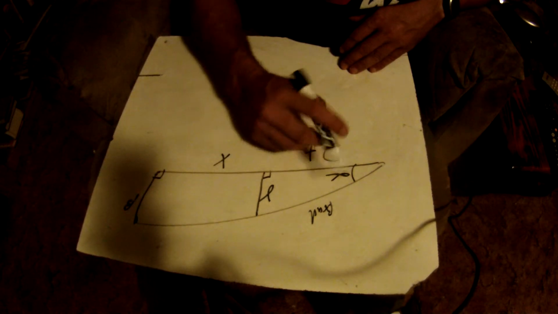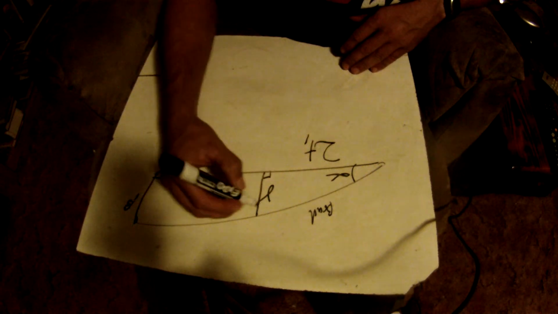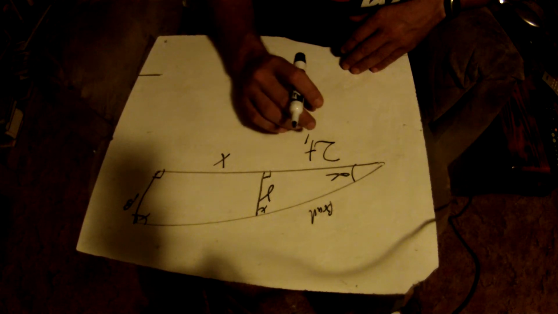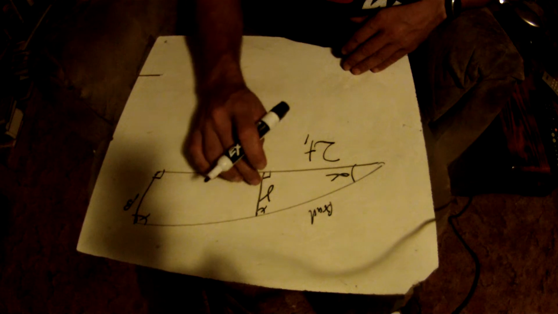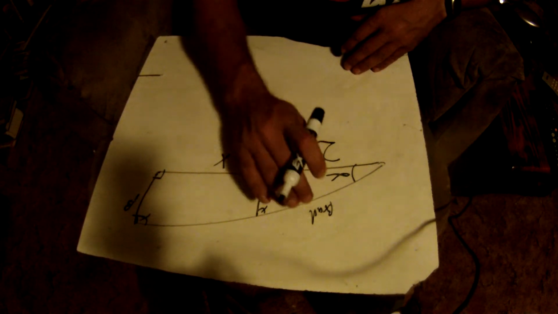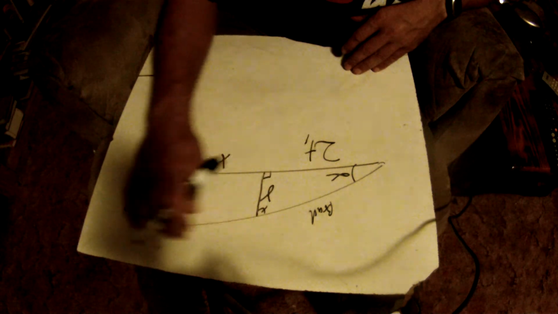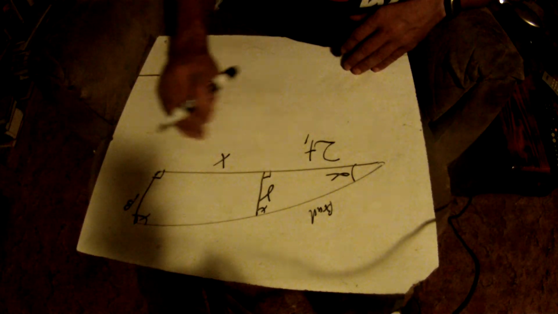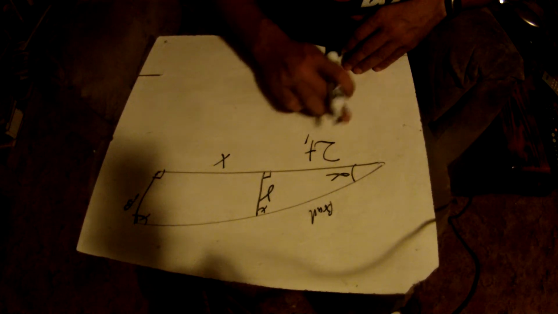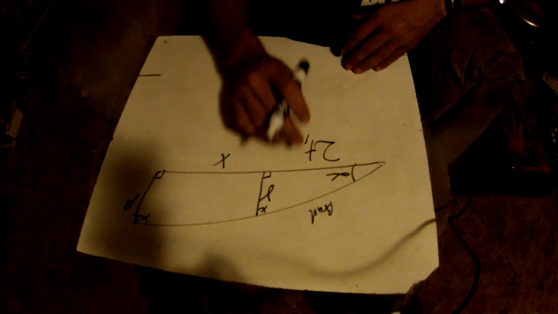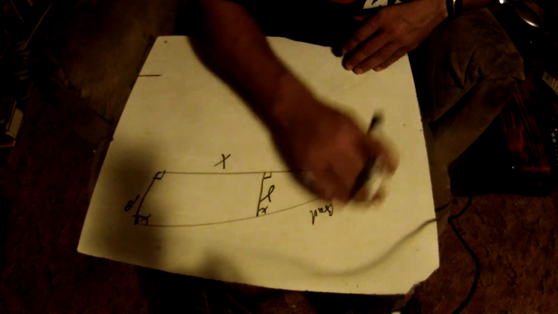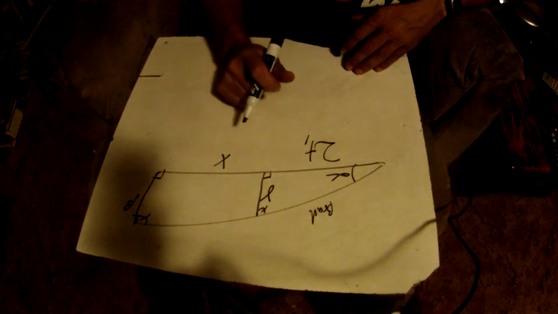This is a shared angle here, and then this one would be the same as that one. Then we know that the ratio of this side to this side is the same as this side to this whole side. And also, the ratio of this side to this side is the same as the ratio of this whole side to this whole side.